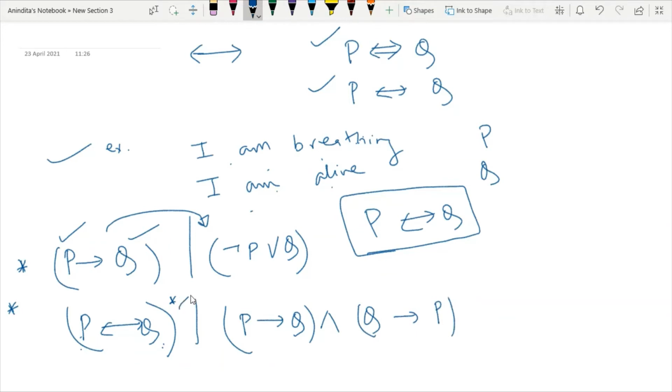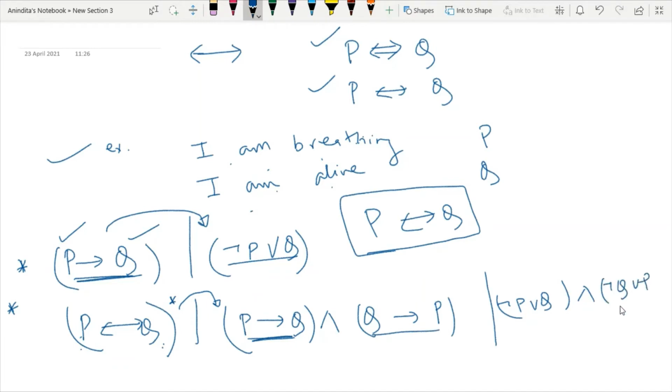So this is the first abbreviated representation. However, again we know that P implies Q can be written as not P or Q. So here also I can write P implies Q as not P or Q, and Q implies P can be written as not Q or P.